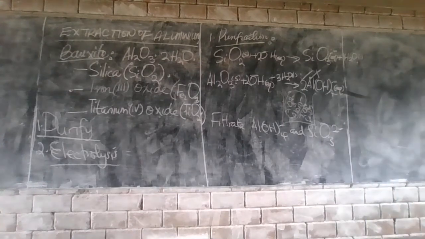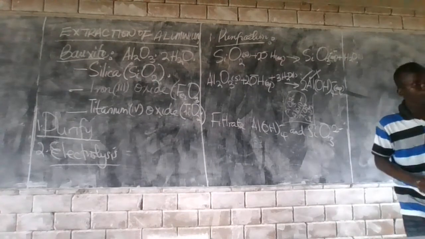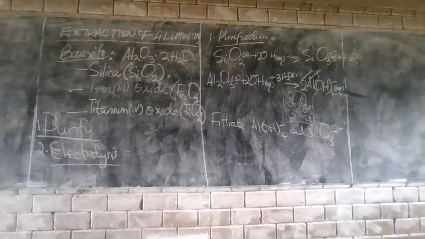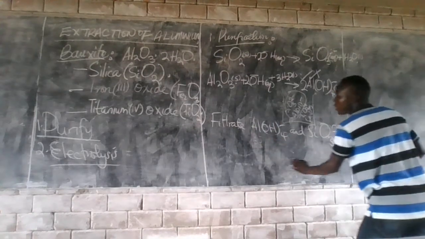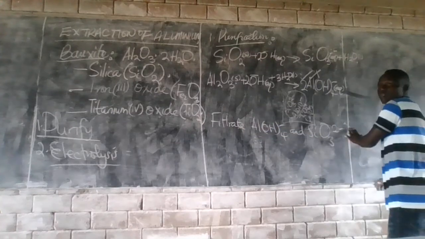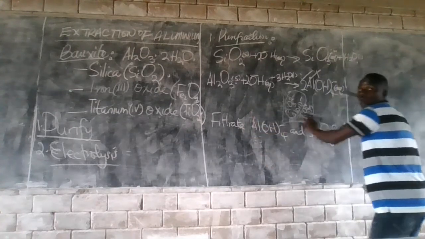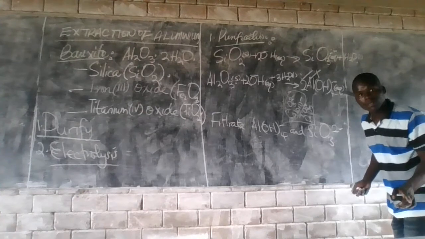The first thing I do, I can add freshly prepared aluminium hydroxide. The filtrate is taken to the precipitation tank, okay?